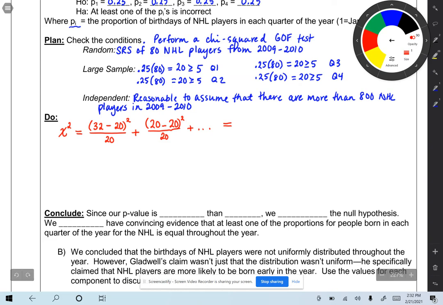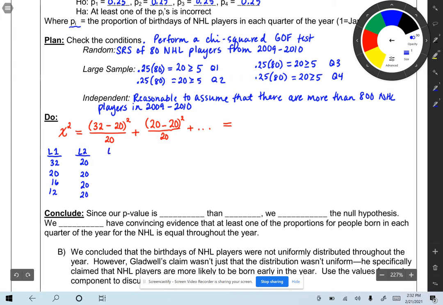So here's what I did. Instead of having to do a separate video, in list 1, I am going to enter my observed. So 32 from quarter 1, 20 from quarter 2, 16 from quarter 3, and 12 from quarter 4. List 2 will be what we get in our large sample. So 20 for each one. That's your expected list.